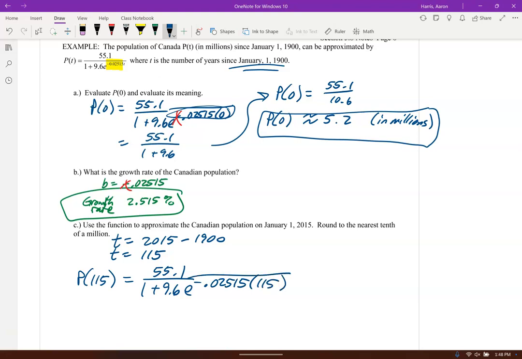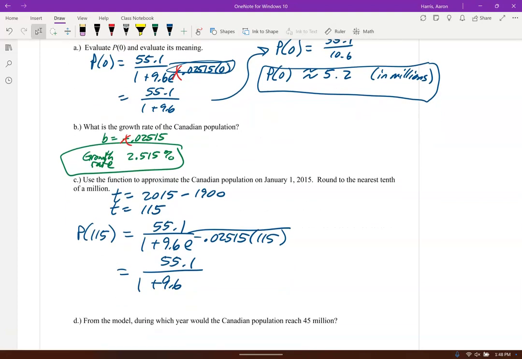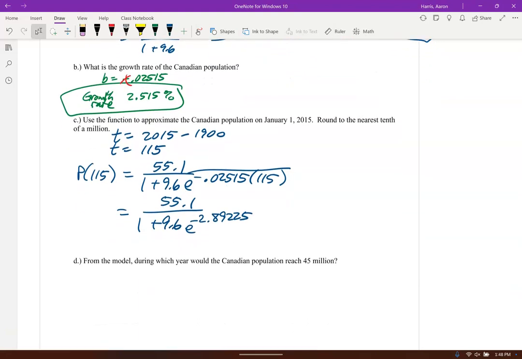And this will end up being, if you go negative 0.02515 times 115, you'll get e to the negative 2.89225, and then go e to that. E to that ends up being 0.05545.